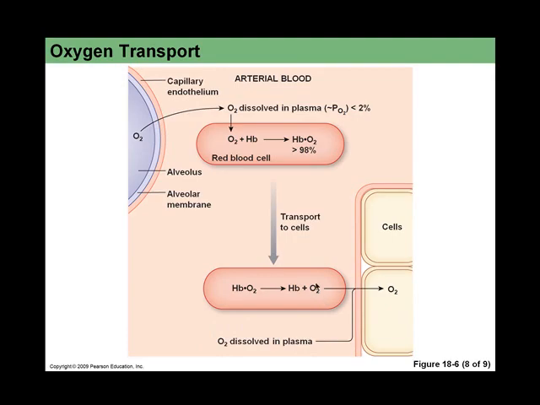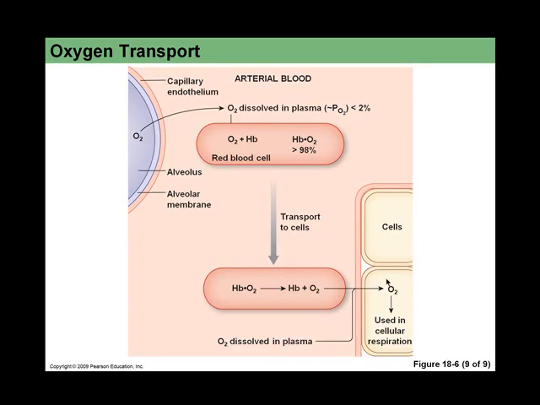quite obviously, when this O2 gets into the plasma, it is dissolved in the plasma, and of course that is used in cellular respiration. So I think I would have shown this one going to the dissolved in the plasma, and this coming in here.